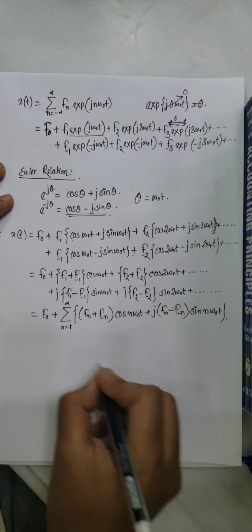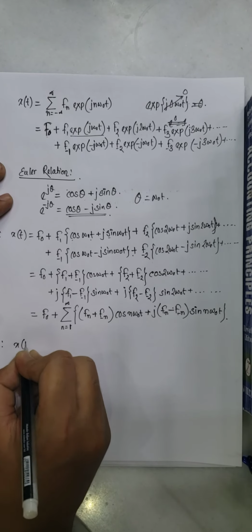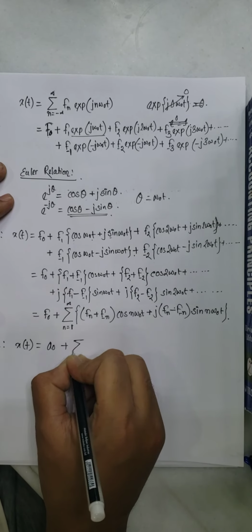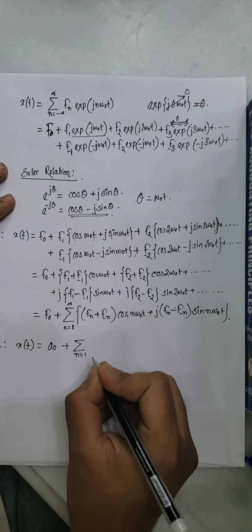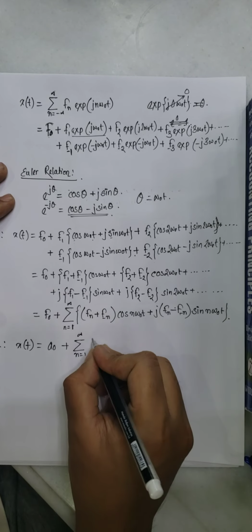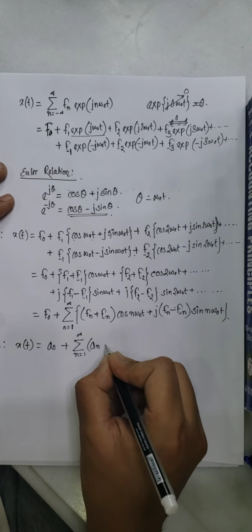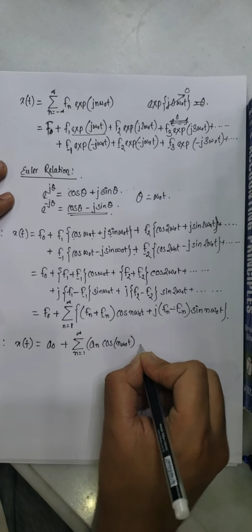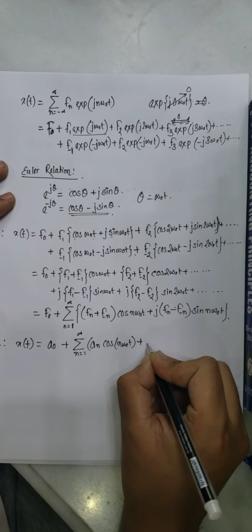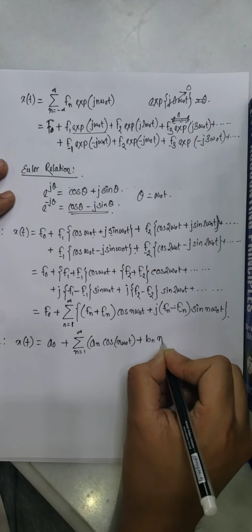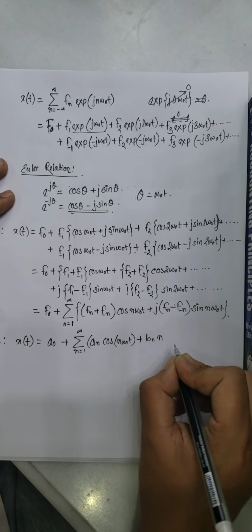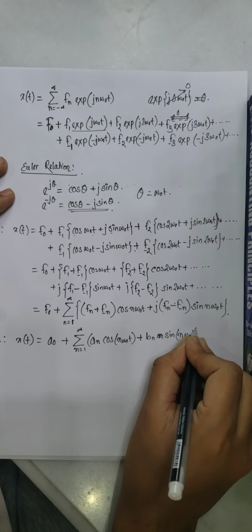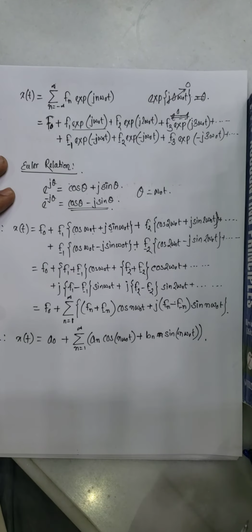And if we write the trigonometric series, which was x of t equals a naught plus the sum from n equals 1 to infinity of an cos of n omega naught t plus bn sine of n omega naught t.